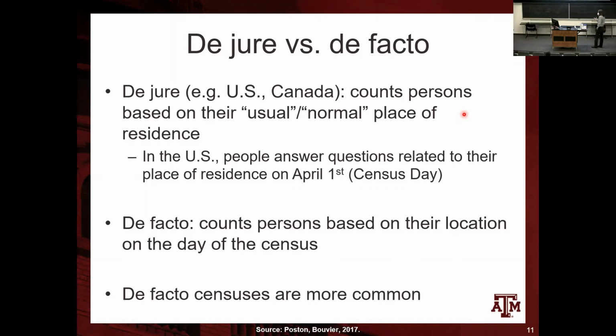They decide about whether their census will be a de jure or a de facto census. What is a de jure census, which is the case of the US and Canada? It's a count of persons based on their usual, normal place of residence. In the US, people answer questions related to their place of residence on April 1st.